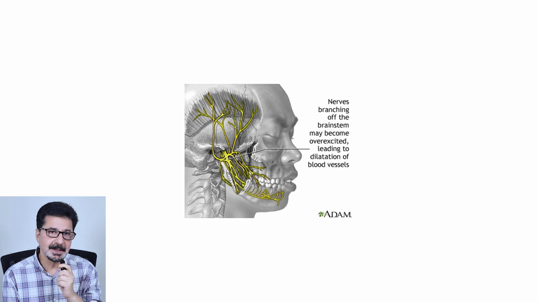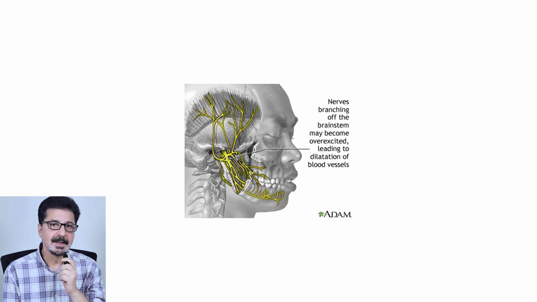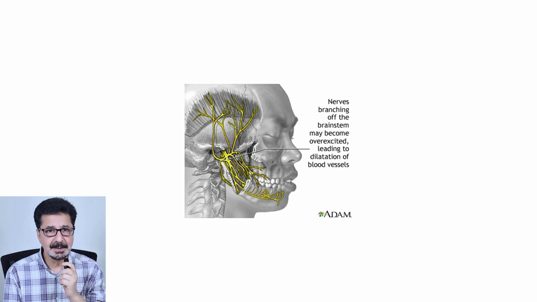But when this is a subarachnoid hemorrhage, it comes with severe vomiting, a headache you have never experienced before, loss of consciousness, pupillary changes, so it can be differentiated.